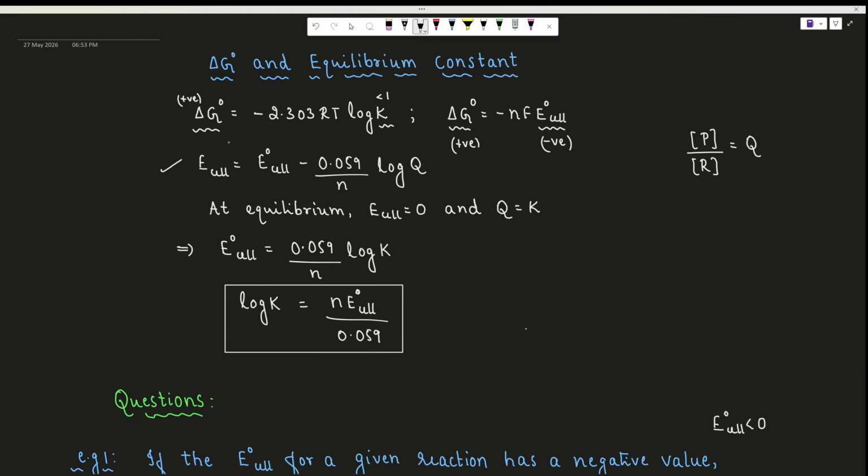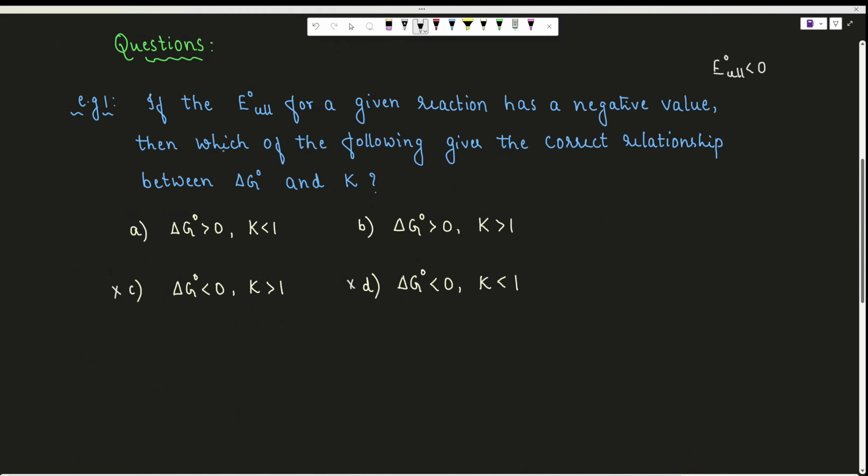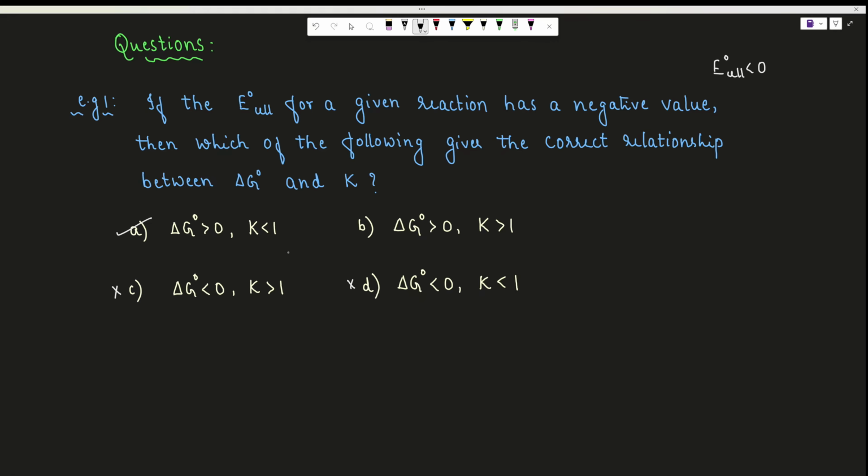So the K value should be less than 1 here. If K becomes greater than 1, log K will be positive and you will get delta G naught negative. But we already have delta G naught positive, so the value of K should be less than 1. That means this is the right option: delta G naught is greater than 0, K is less than 1.